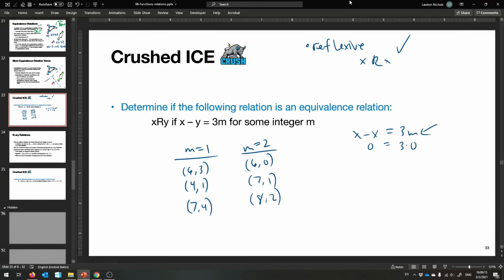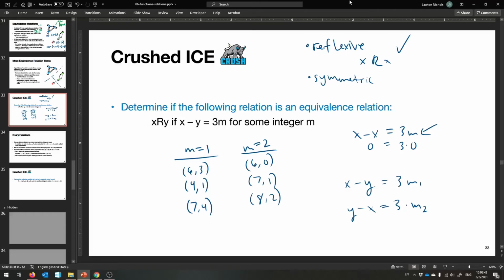How about symmetricity? If I want to know that this is symmetric, I need to know that if x minus y is equal to 3 times some m, then y minus x is related. So it's equal to 3 times some other number, like m2. This is m1, this is m2. Is this true?